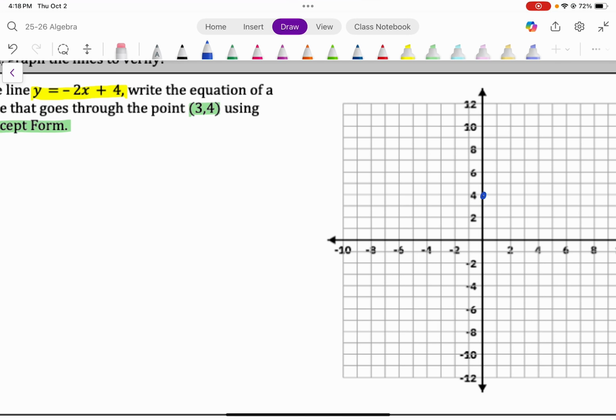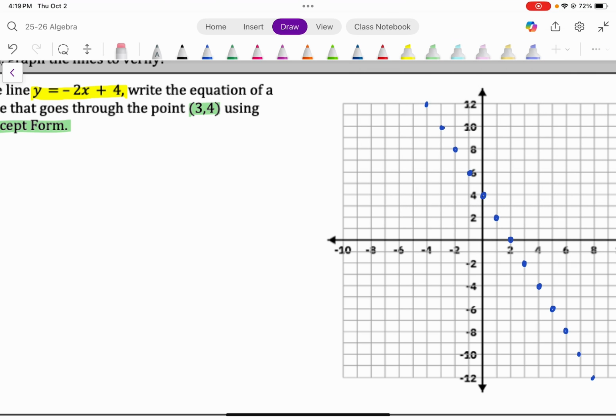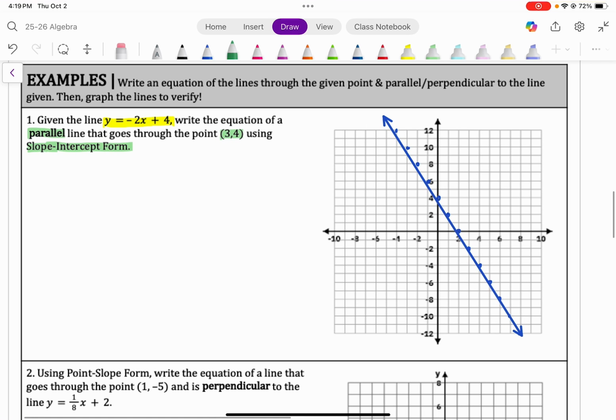So I'll start at 4 and go down 2 and over 1. I'm going to do that till I run out of room on my graph. And then I'm going to do my next line, and the next one goes through (3, 4).